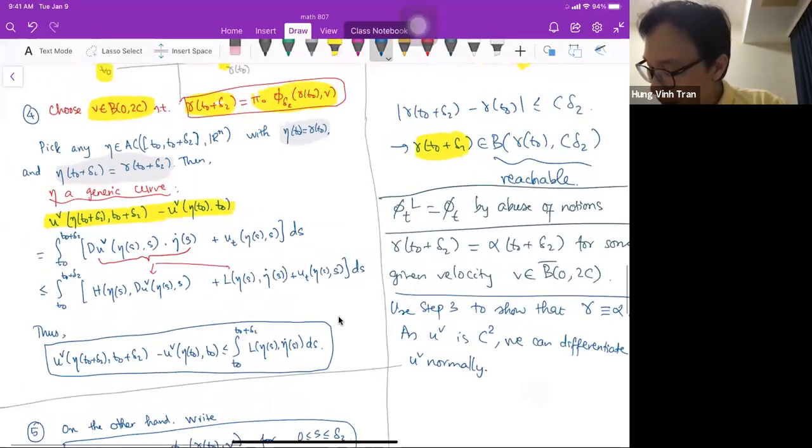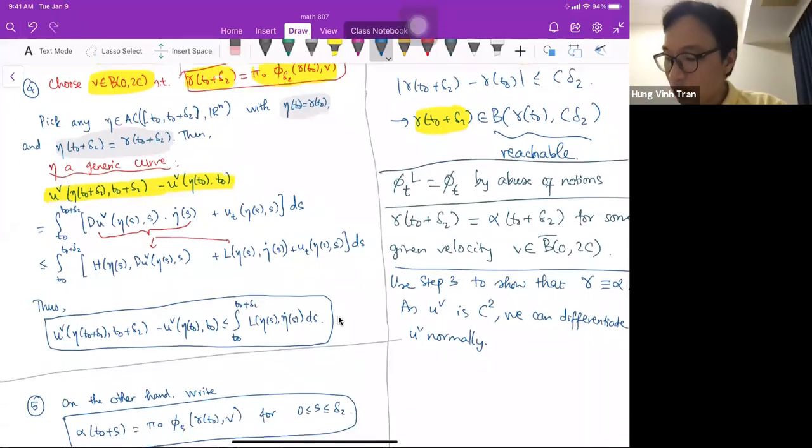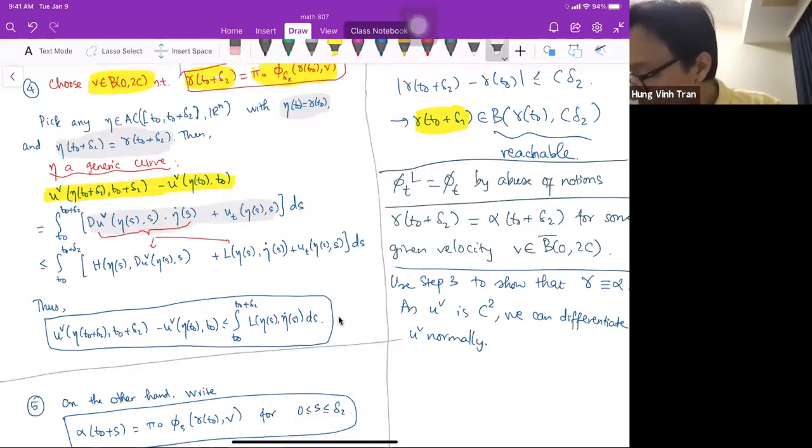So UV is that. It's C2, so I can differentiate normally, just using the chain rule and the fundamental theorem of calculus. I differentiate in t. I have DUV dot with eta dot s. I'm missing the V here. It should be UTV everywhere.